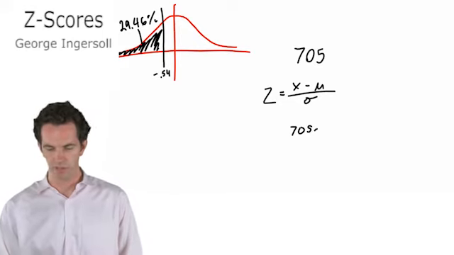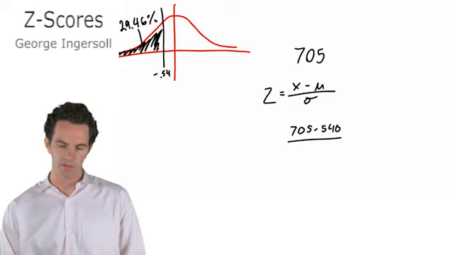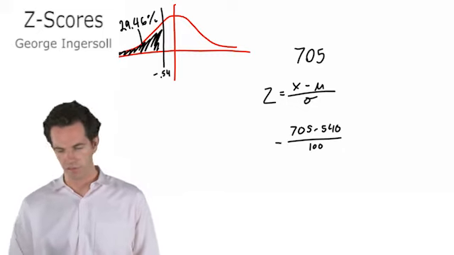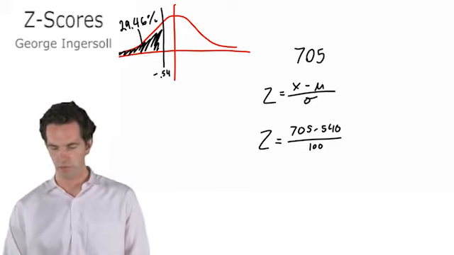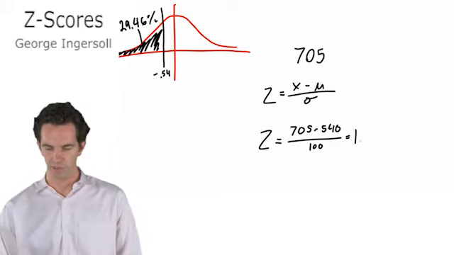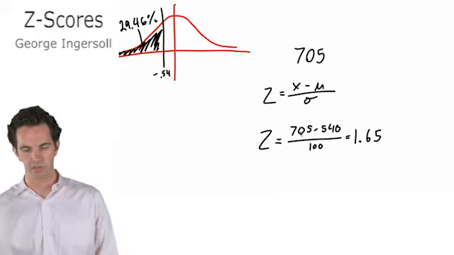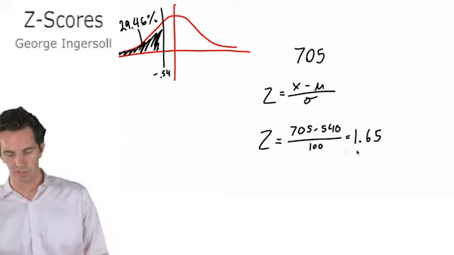Our mean is 540. And our standard deviation is 100. And that's going to lead us to a z value of 1.65, because this is going to be equal to 165 divided by 100, which is 1.65.